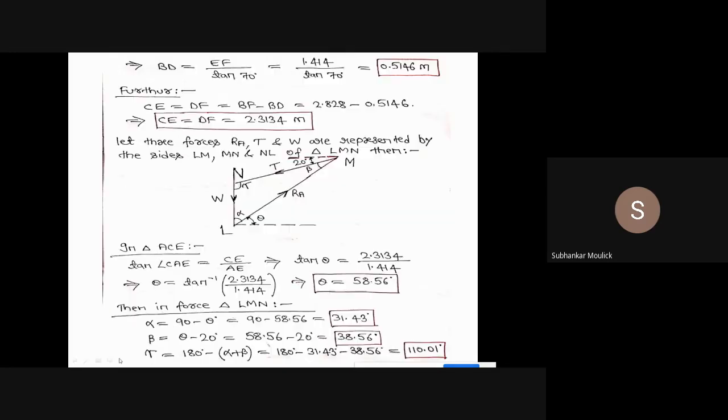Let us represent. Let RA be represented by side LM of the triangle. Assume that this side is LM of the triangle, and T is represented by side MN of the triangle.